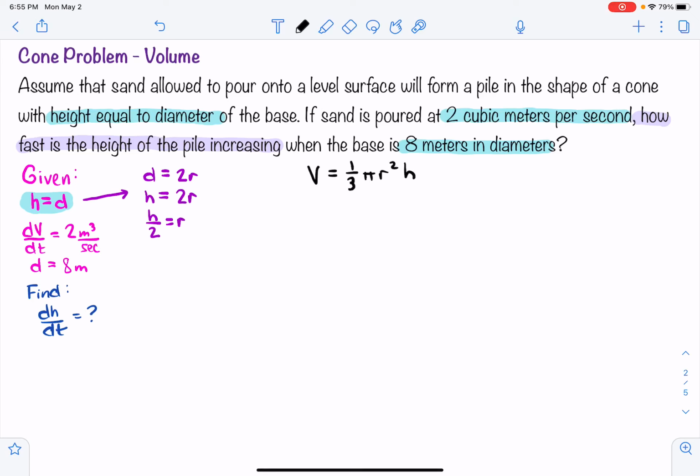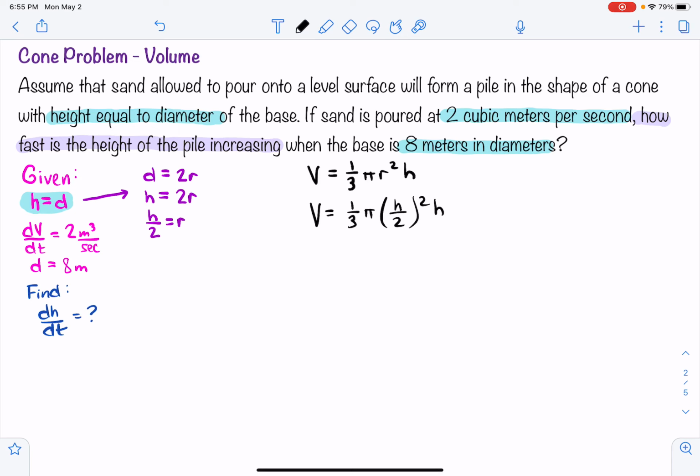Again, I would not want to take the derivative right now because nothing in my given information, nor what I'm trying to find, talks about the radius. The first thing I want to do is substitute in the fact that the radius is equal to h divided by 2. Now from here, I want to algebraically simplify.